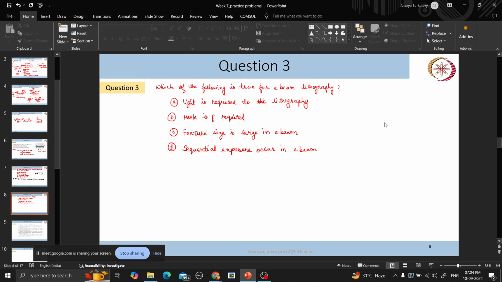When you go through the options, you will know what is the correct answer, but think about the other options also, and if those are not correct, why it is not correct, and what is the correct option for that statement. Okay.